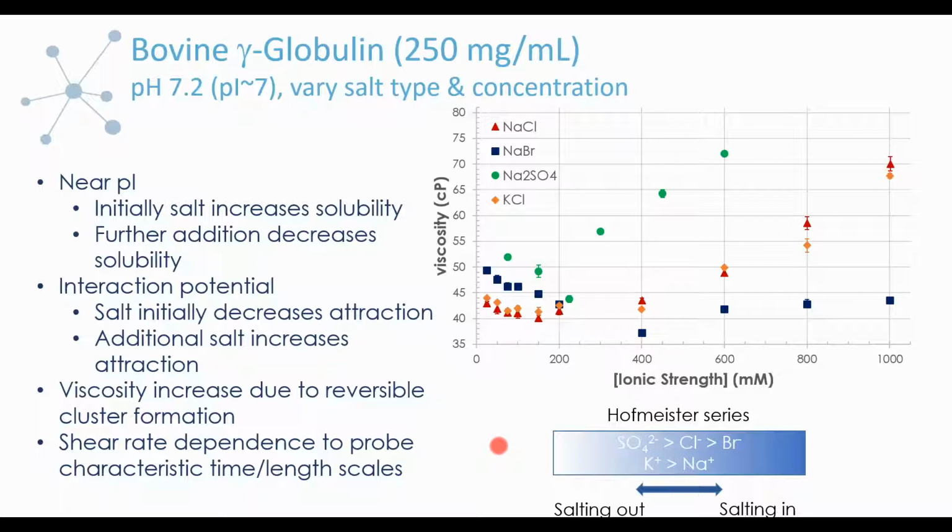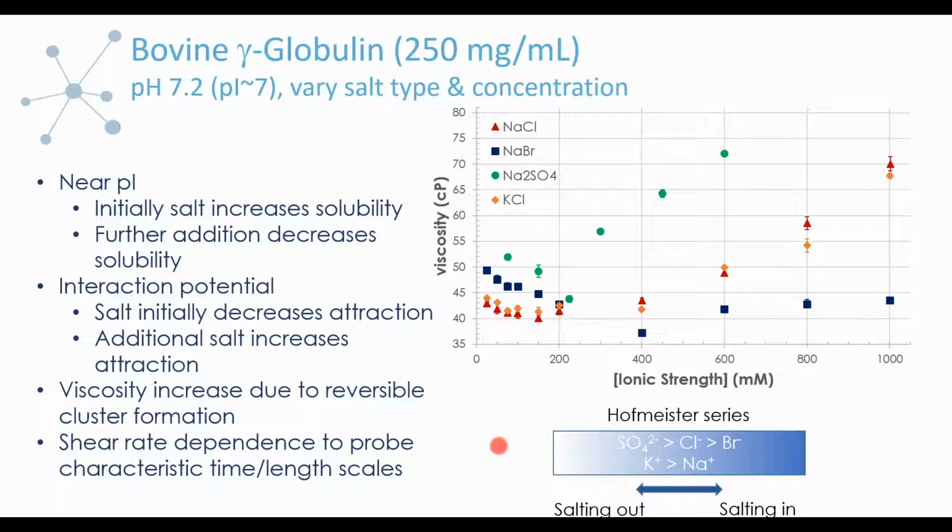Also, what you find in the literature when you think about adjusting the ionic strength is that viscosity in proteins tends to get very high in concentrated systems due to reversible cluster or aggregate formation, which is consistent with the idea of adjusting the attractive potential.